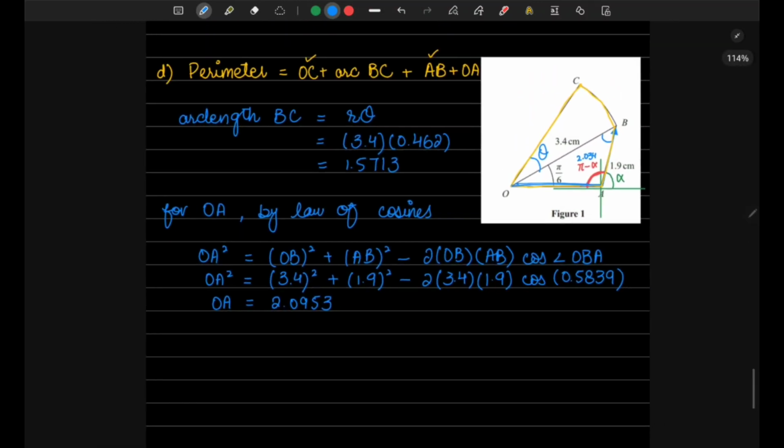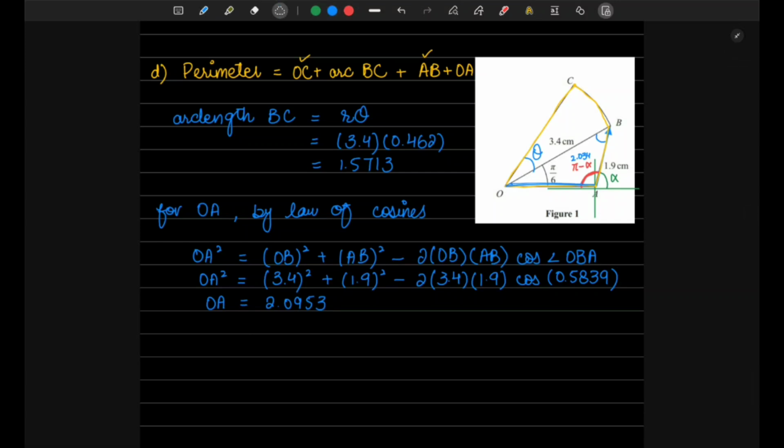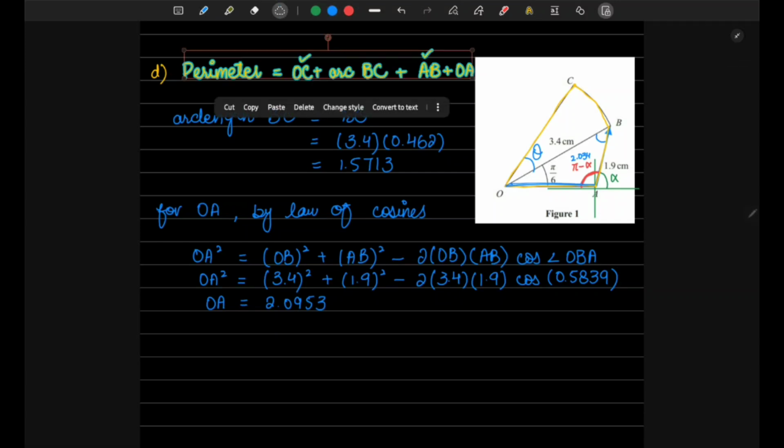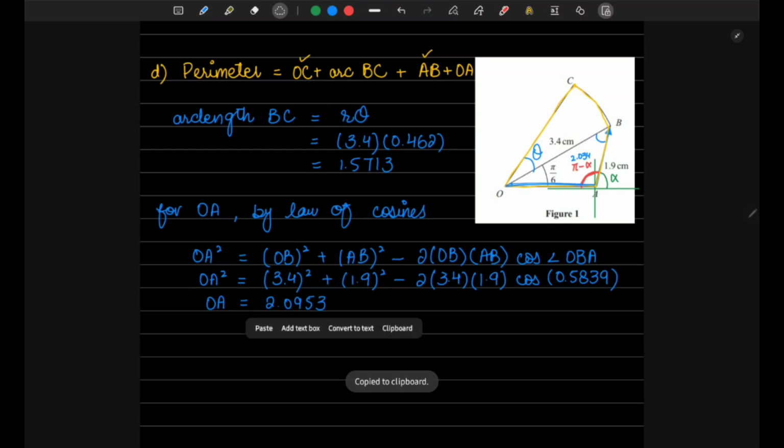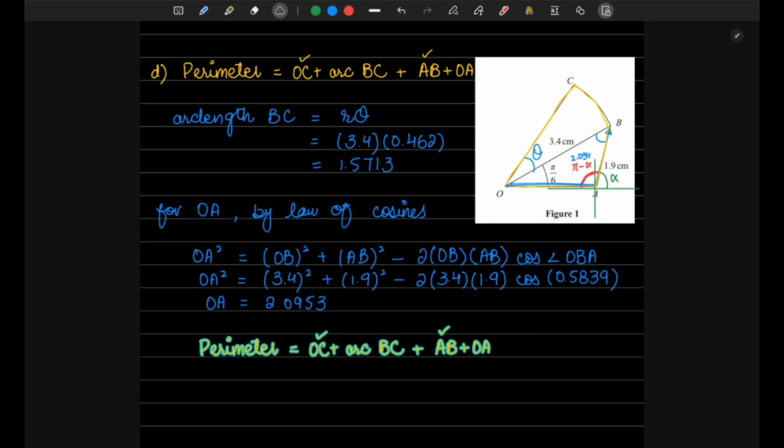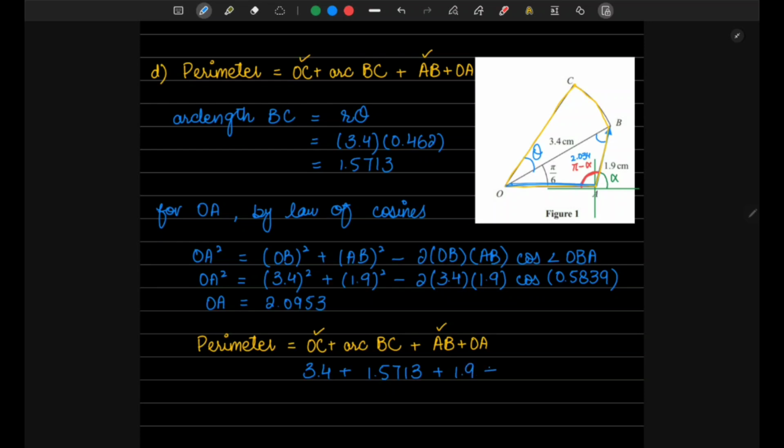So let's write whatever these dimensions are. Dimensions would be OC 3.4 plus arc length BC is 1.5713 plus AB length is 1.9 plus OA that we've just found to be 2.0953.